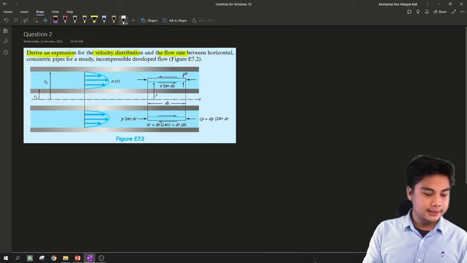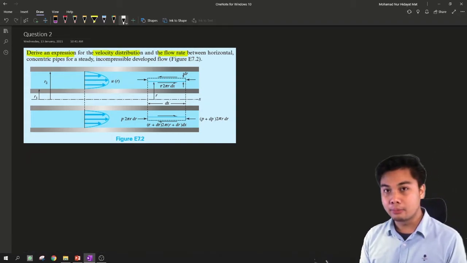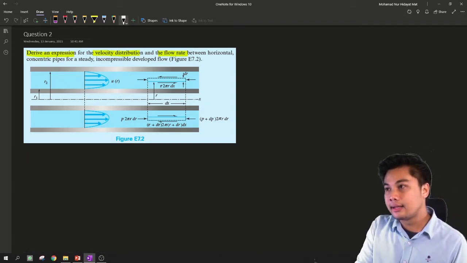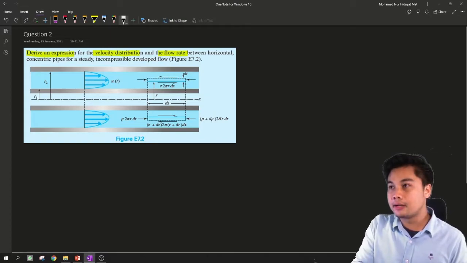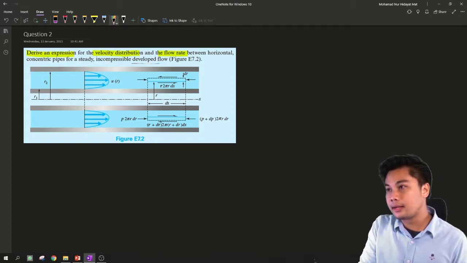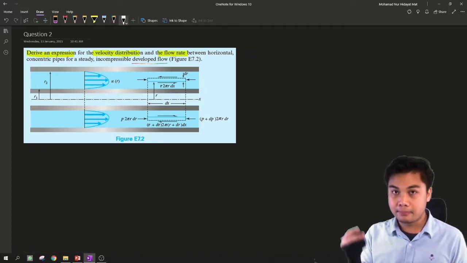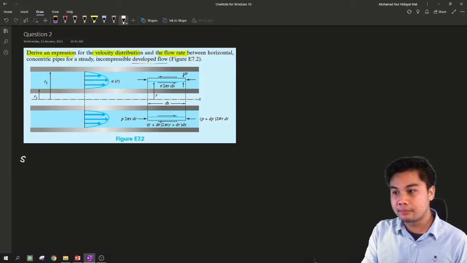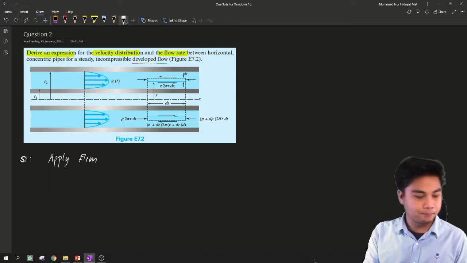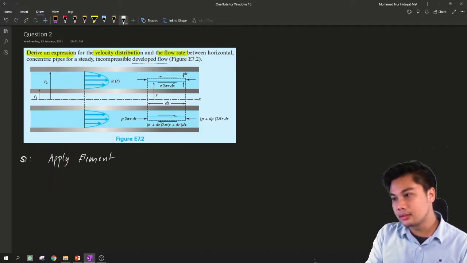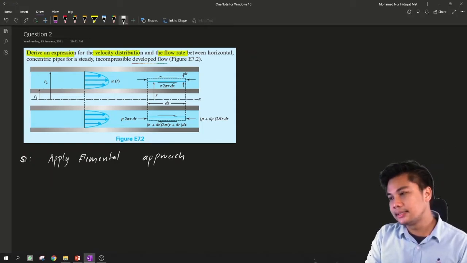The first step, we can apply the elemental approach since this is a developed flow. Only for developed flow can we apply the elemental approach. So step number 1, apply the elemental approach, since it is developed flow.